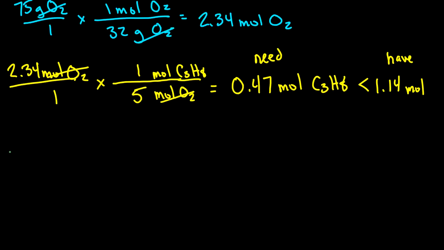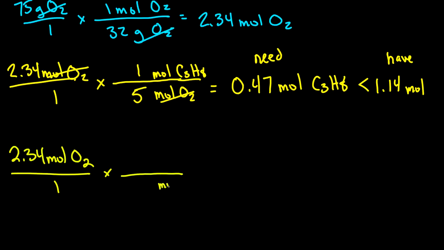So I got 2.34 moles of oxygen, and I want to convert that to grams of carbon dioxide. So if I want to convert moles of oxygen to moles of carbon dioxide, we set up a proportion. Moles of O2 go on bottom, moles of CO2 go on top.